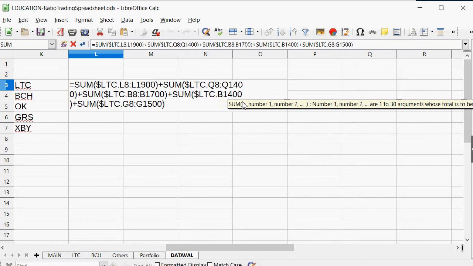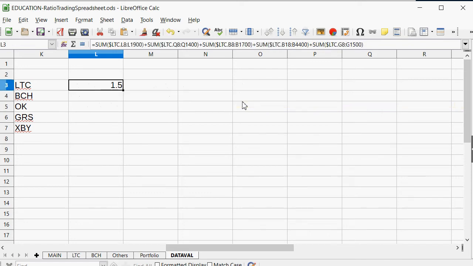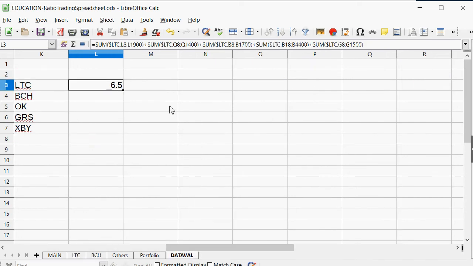Okay, so B8, B4400. Didn't work. Let me just put a number back in. That's why. Now it's working.